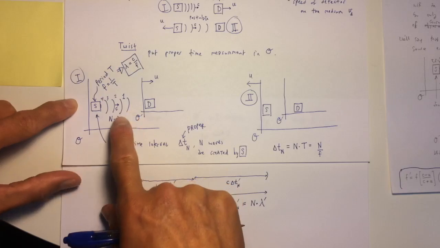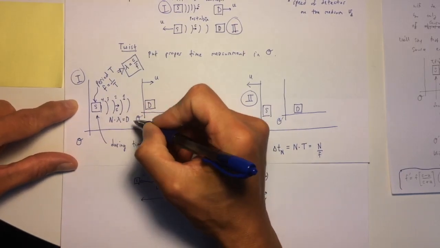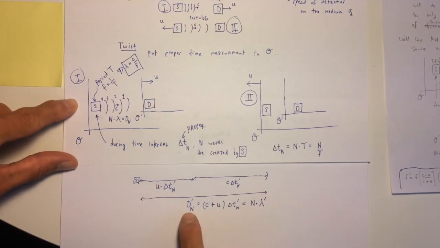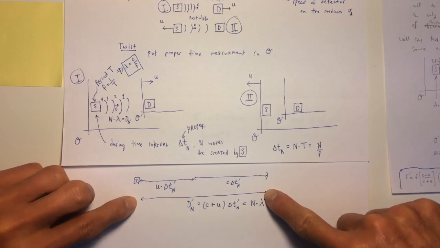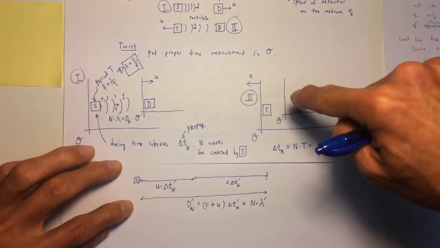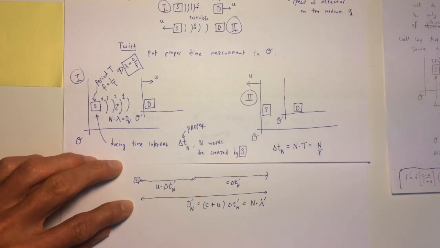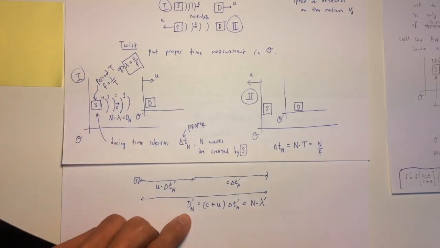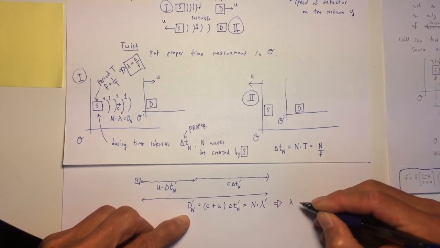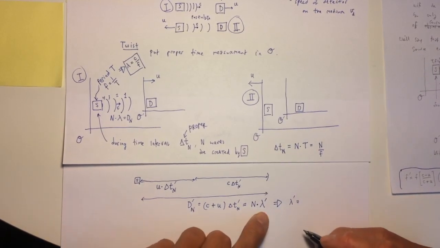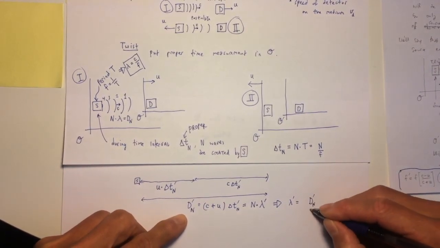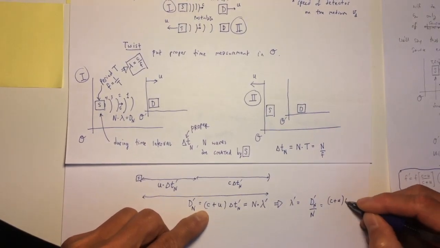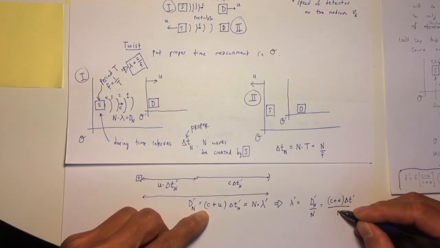So that distance right here is equal to the distance as measured by O, so there's no prime. But over here, this is the distance that those 4 waves take up in this picture, because the 4 waves occupy a larger space according to O prime. Okay, so that means that this lambda prime is equal to d prime sub n divided by n, so this is c plus u times this delta t prime divided by n.